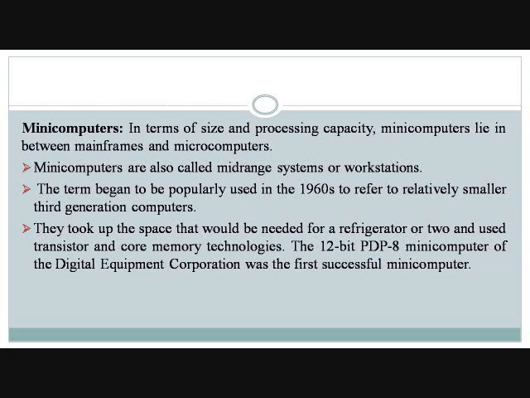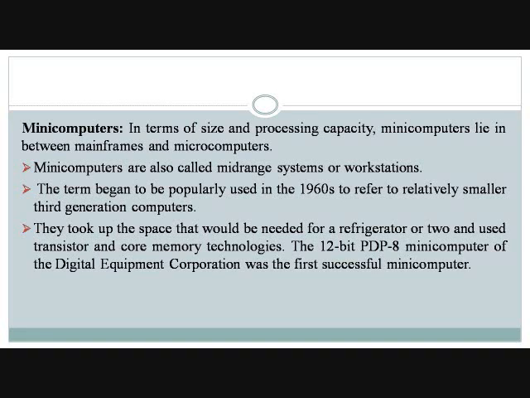Mini computers. In terms of size and processing capacity, mini computers lie in between mainframes and microcomputers. Mini computers are also called midrange systems or workstations. The term began to be popularly used in the 1960s to refer to relatively smaller third generation computers.